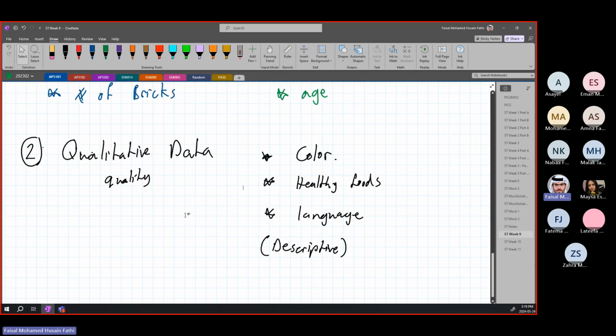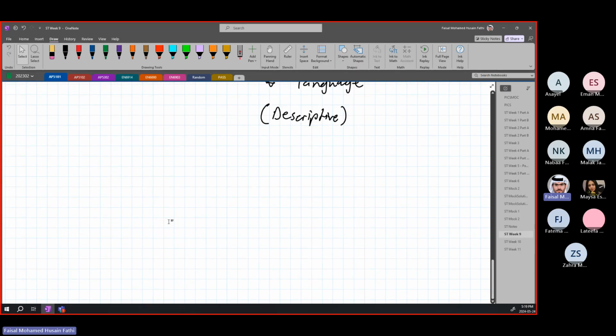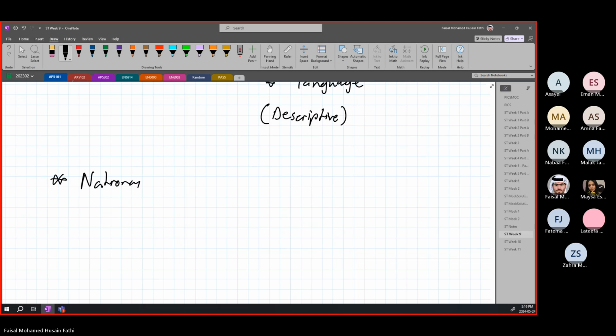Or the only two data types that you would be using when you're gathering samples, depending on your population and depending on what you're trying to achieve. For example, if you're trying to ask for someone's nationality, all right, this is qualitative data, because he's either from Bahrain, India, England, USA. This is something that describes.